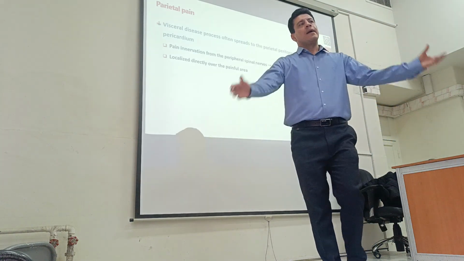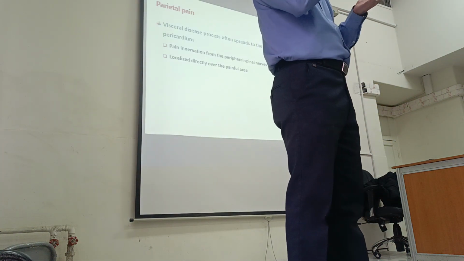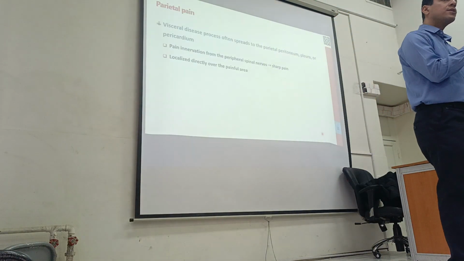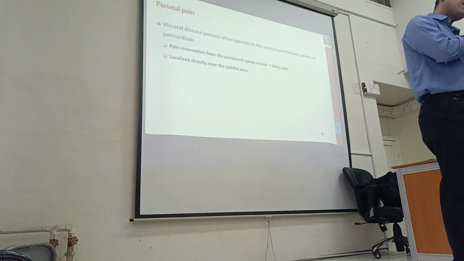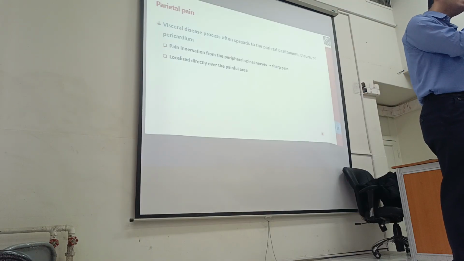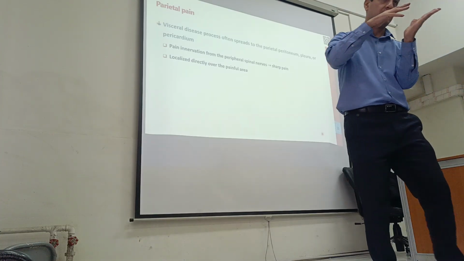So remember that peritoneum, pericardium, and pleura have two layers, right? A visceral layer and a parietal layer. So if we have damage to these tissues, this damage may spread to the parietal layer, right?